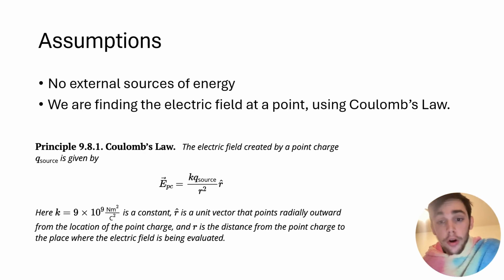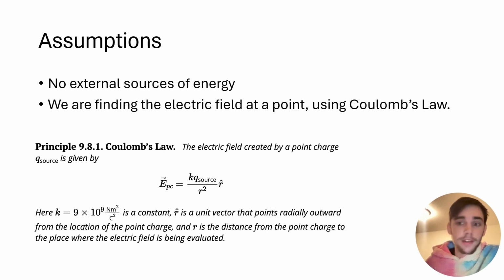Now, we are also going to be using a point to find this, and we can use Coulomb's law, because Coulomb's law is a way that we can find the electric field created by a point charge. It is given by the equation on the lower part of the screen: the electric field of a point charge is equal to k times the charge of the point divided by r squared times r hat.